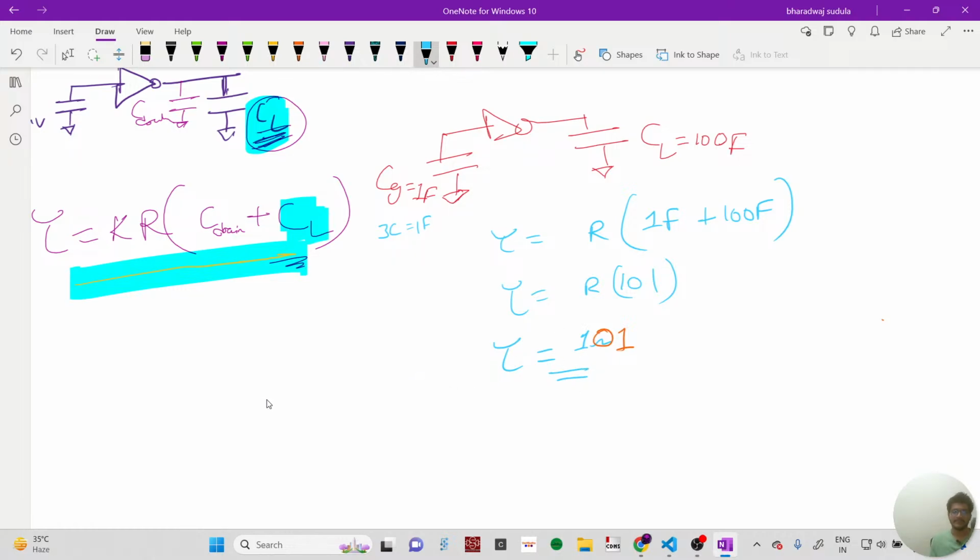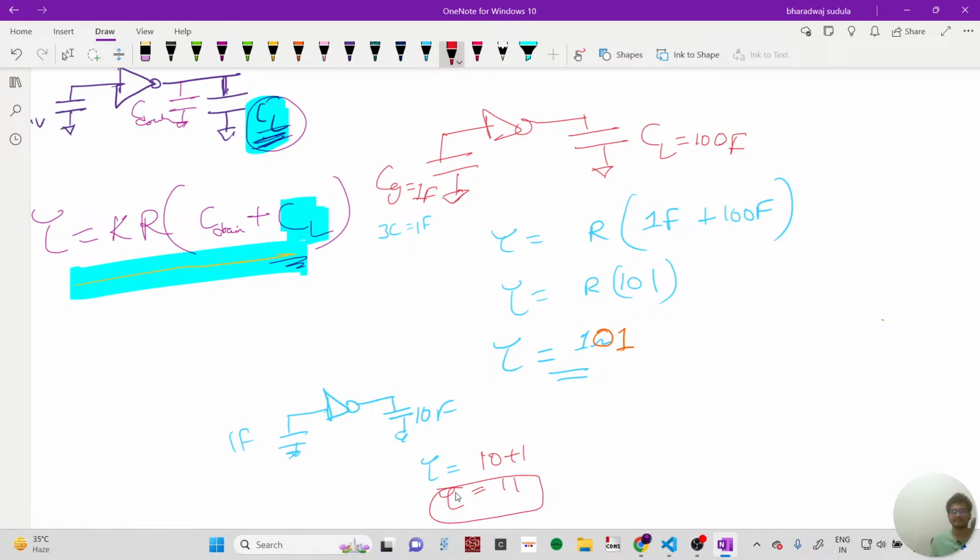Let's say there is a load of 10 farad and 1 farad gate input cap. So tau will be a resistance of 1 ohm, same for the inverter, times 10 plus 1, which is 11.